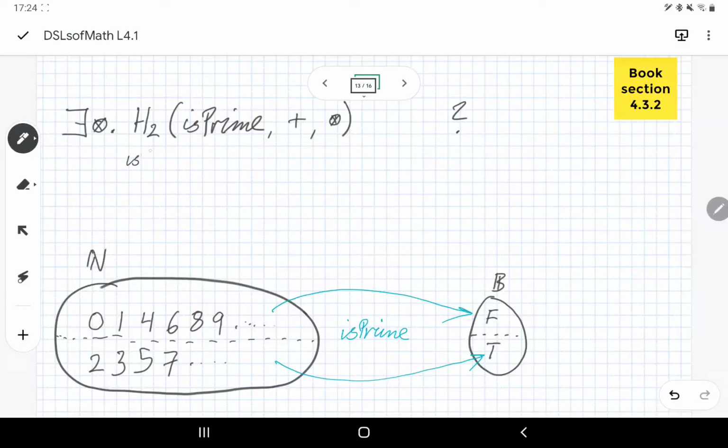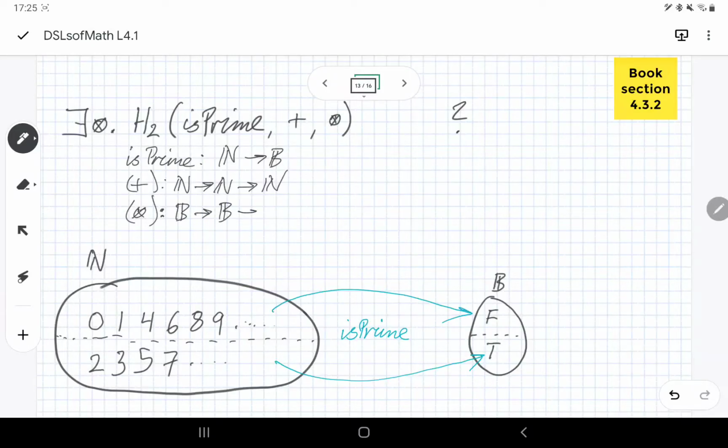So is prime is yet again from natural numbers to booleans. And that also means we have the same addition as before between natural numbers. And it means that the operator here, again, is of the same type. It's a very simple function. It only has 2 by 2, 4 different cases.